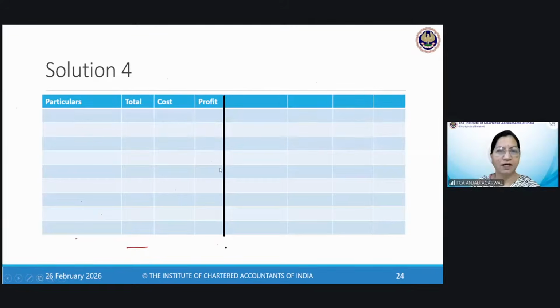Okay, so let's start with process 1 account. I'll put up the values here first so that you don't miss anything.